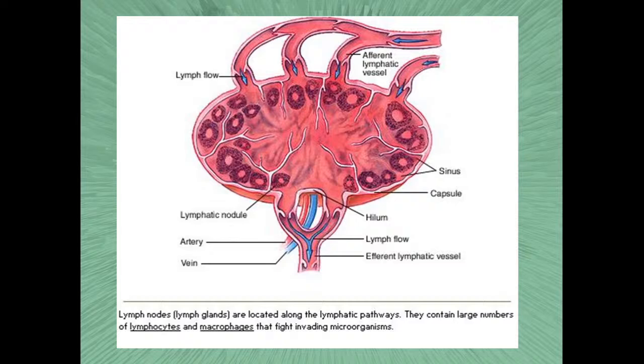We have to remember a few mechanisms helping the passage of the lymph. The first and maybe most important is the contraction of the skeletal muscles. It pumps the lymph from the peripheral parts of the body towards the center.